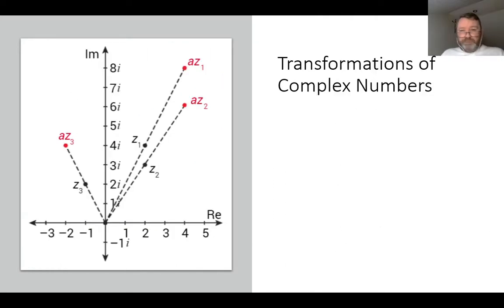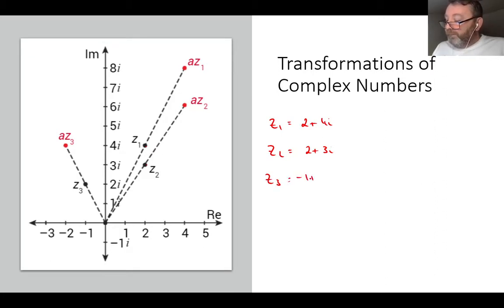The second one I want to look at is what we call the transformation of stretching or contracting. So if you take Z1, Z2 and Z3, Z1, as we can see here, is the number 2 plus 4i. Z2 is the number 2 plus 3i, and Z3 is the number minus 1 plus 2i.